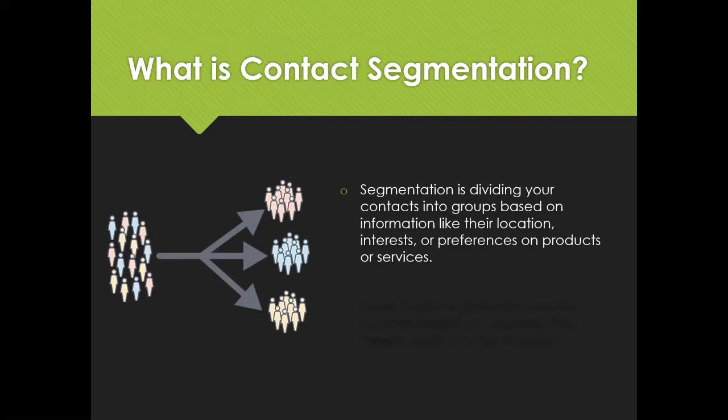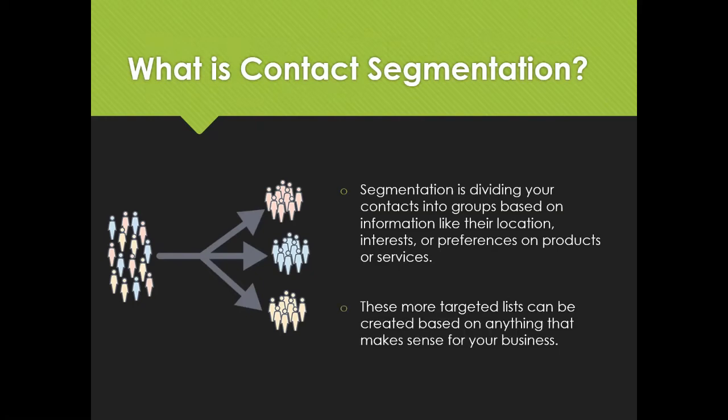Contact segmentation is dividing your contacts into groups based on information like their location, interests, or preferences on products or services. These more targeted lists can be created based on anything that makes sense for your business. So for instance, for Table Rock Lake visitors, we might have a fishing segment, a family segment, couples, water activities, attractions, restaurants.